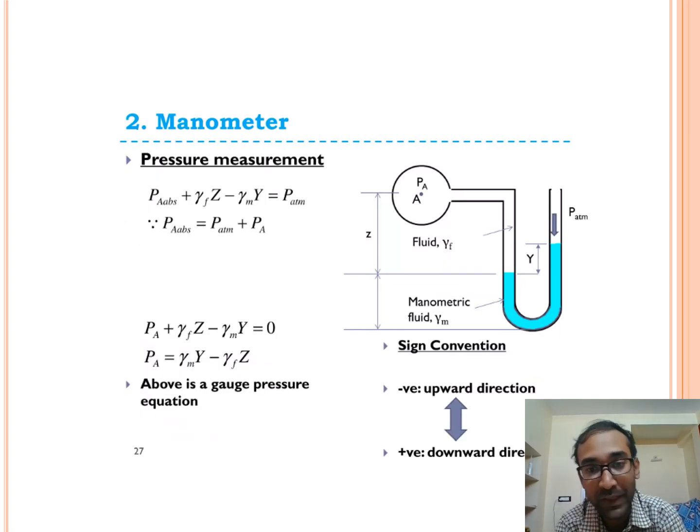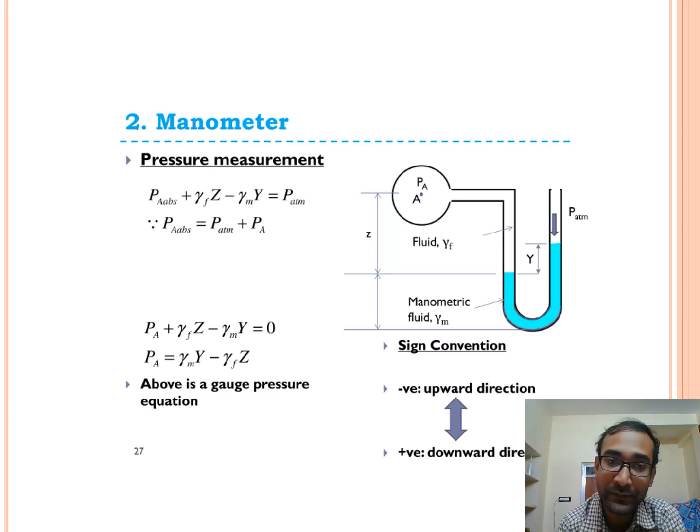So how do we measure pressure in a manometer? This is the simplest form. In this diagram, on the left hand side is the pressure at A, and the right side is open to atmospheric pressure. If we cross check at section XX, the left hand side pressure and right hand side pressure will be equal.